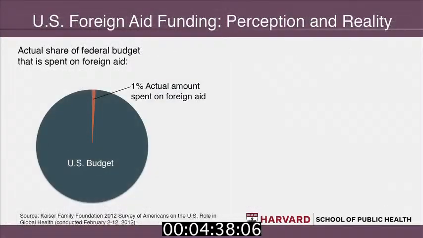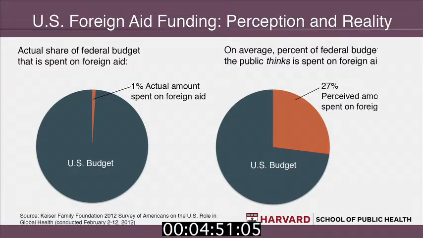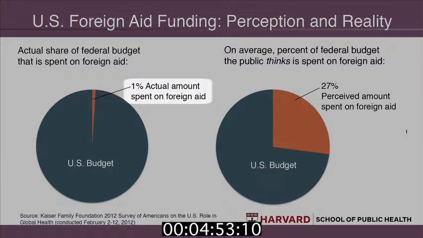And then we can find a very interesting comparison when we compare the actual U.S. spending on total foreign aid, which is shown on the left side of this chart, with what Americans think they are spending on foreign aid. The U.S. total spending as a share of the federal budget on foreign aid overall is about 1% of the total federal budget.